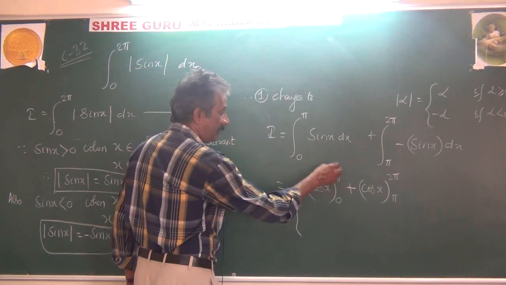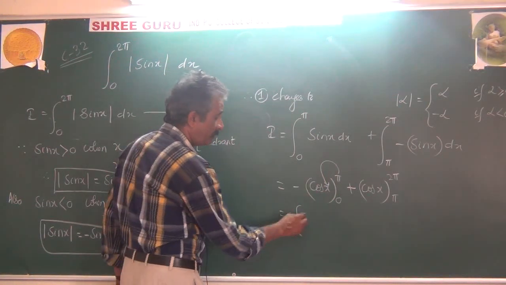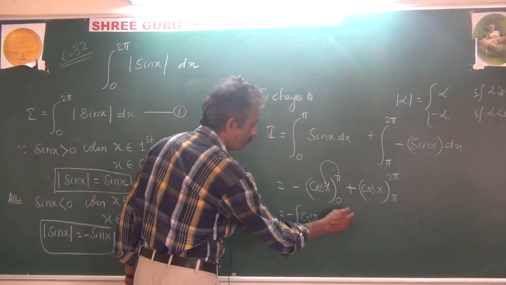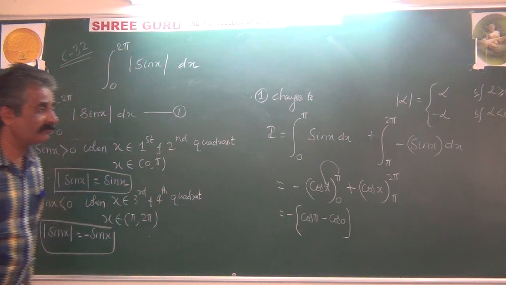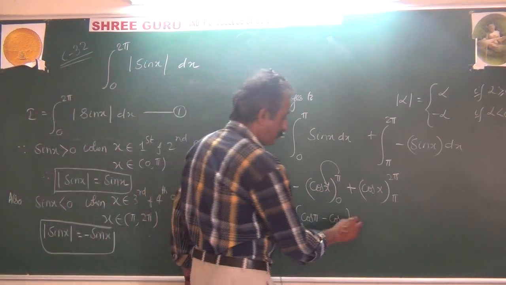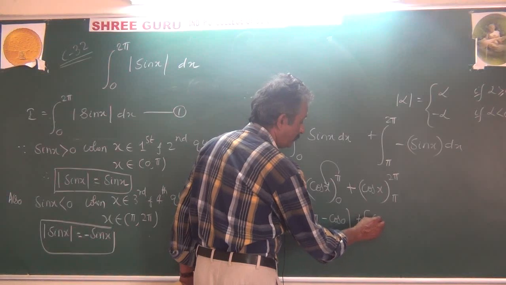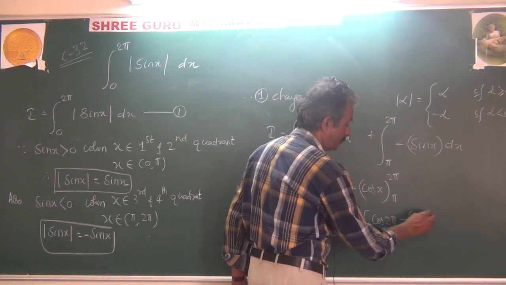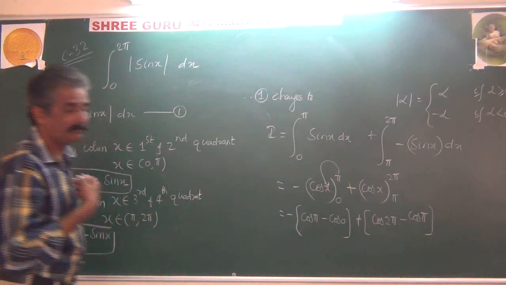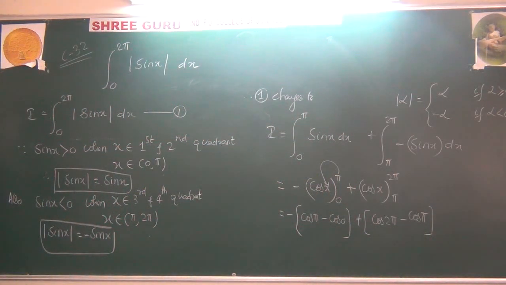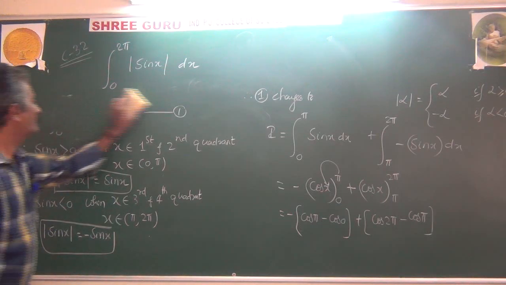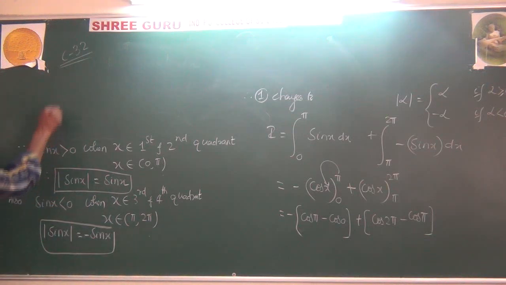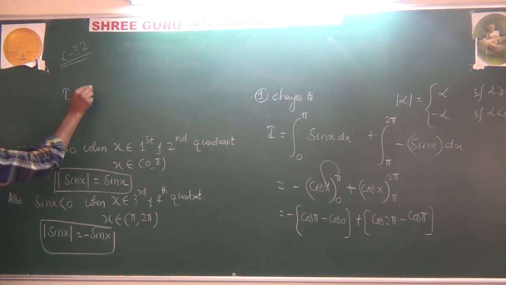Minus at upper limit x equal to pi becomes cos pi, at lower limit x equal to 0 becomes cos 0. At upper limit x equal to 2 pi becomes cos 2 pi, at lower limit becomes cos pi. I equal to minus 1.